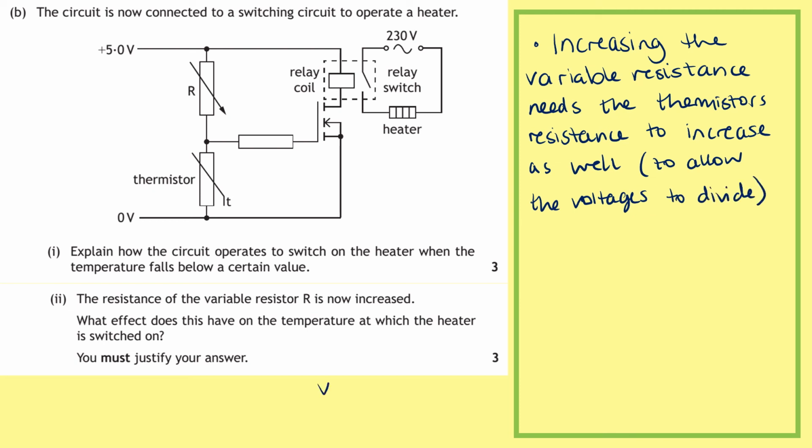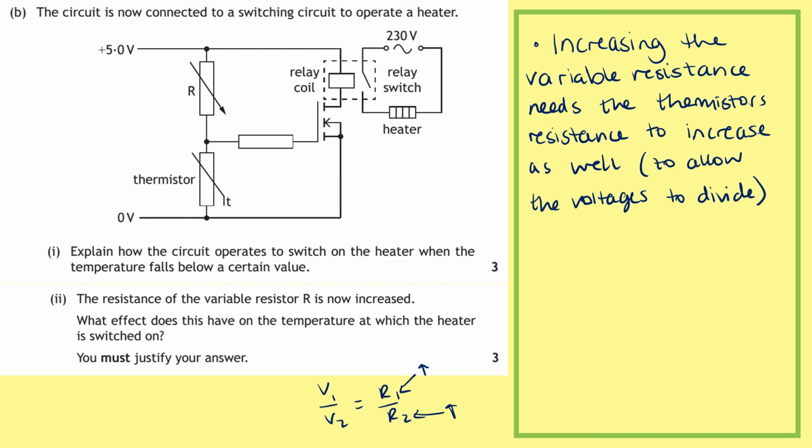Remembering back to our V1 over V2 equals R1 over R2 equation, you don't need to put this into your answer, but just to clarify, if you increase R1, then you still need to keep this whole equation balanced, so you're going to need to increase R2 as well.